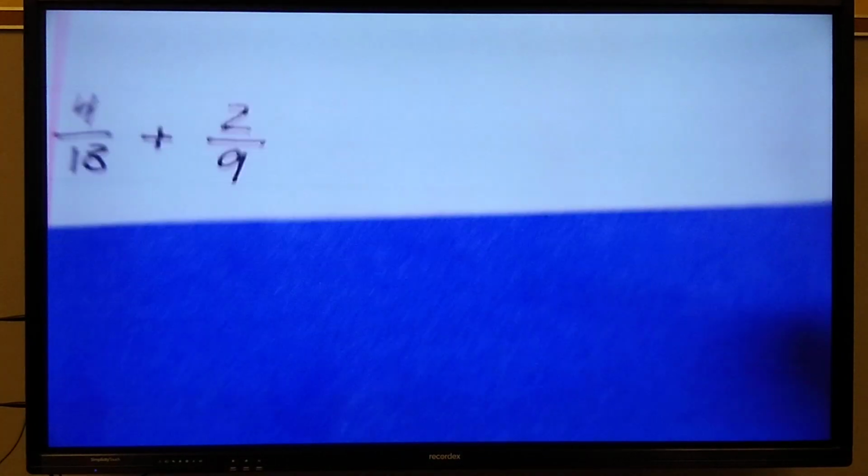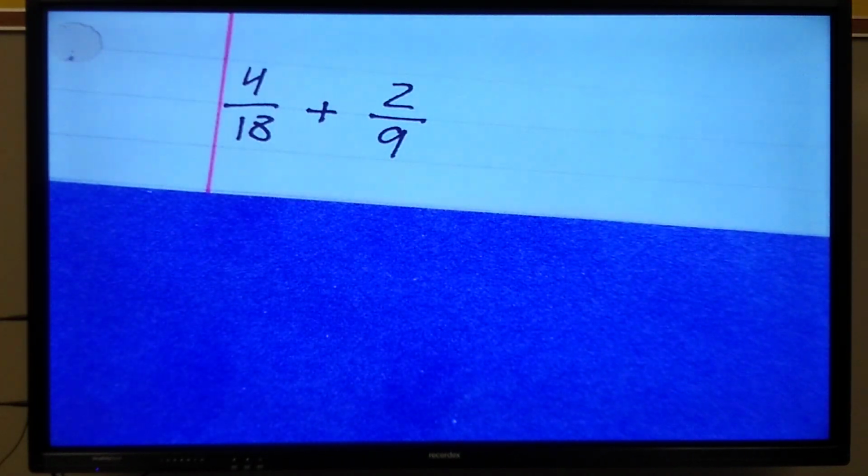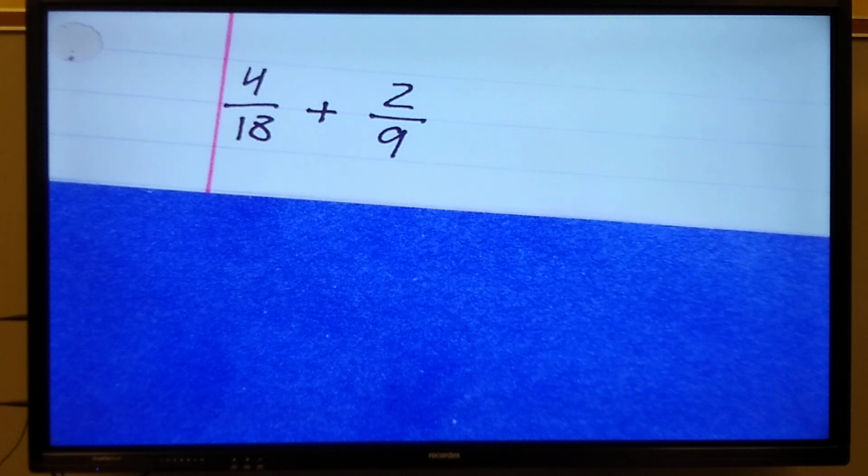All right, so that is subtraction of fractions. Let's review real quick some addition of fractions. 4/18 plus 2/9. Solve that problem now. Pause the video.